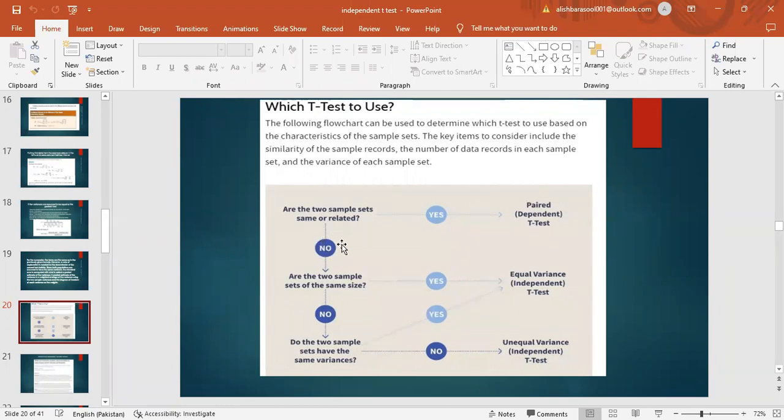If the two sample sets are not related, then we check whether they are of the same size, and then we will use the equal variance independent t-test. And if the two sample sets have the same variances, we will use the equal variance, and otherwise the unequal variance, independent t-test.